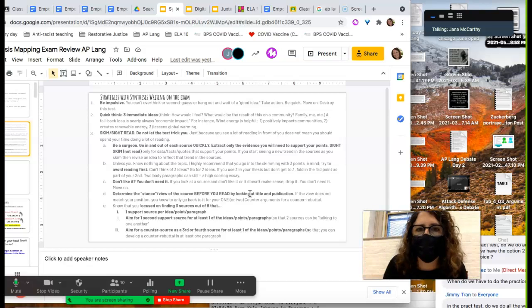If you go into your readings with 3 things in mind that you're reading for, that will allow you to quickly look at the title, look to see what kind of article or picture it is, right? And decide, is that on my side or is that on the opposing side?